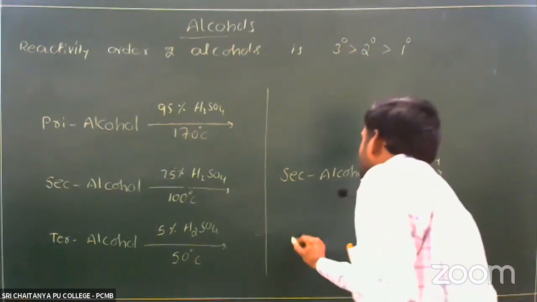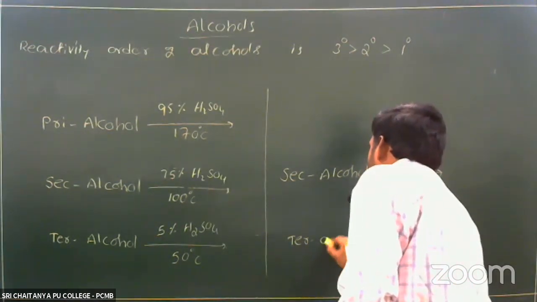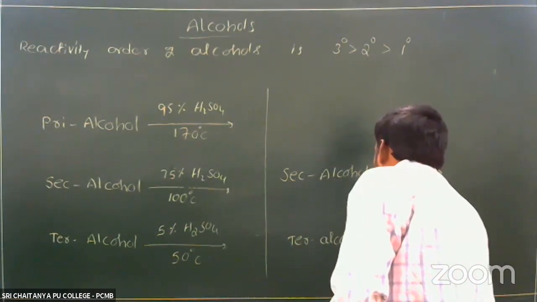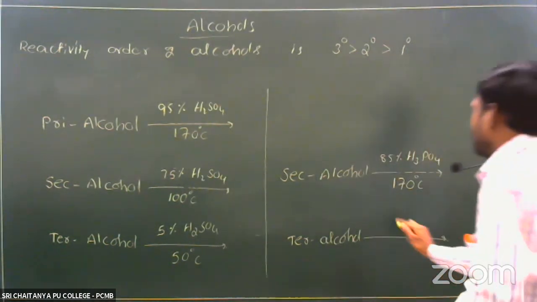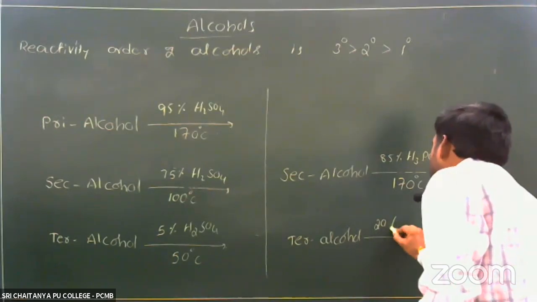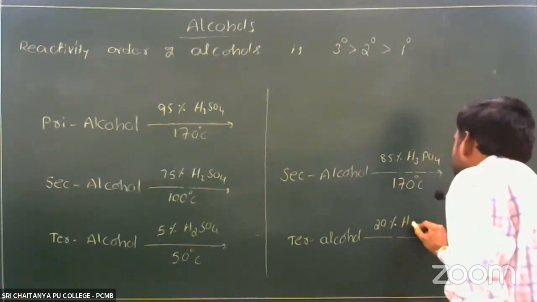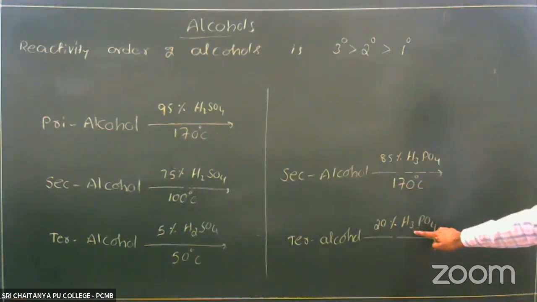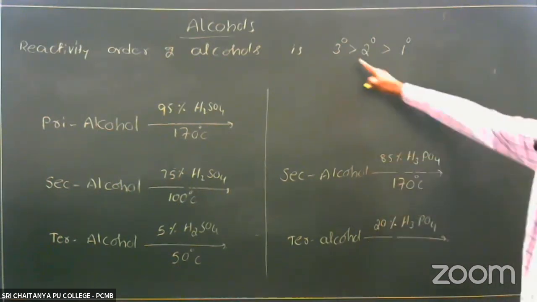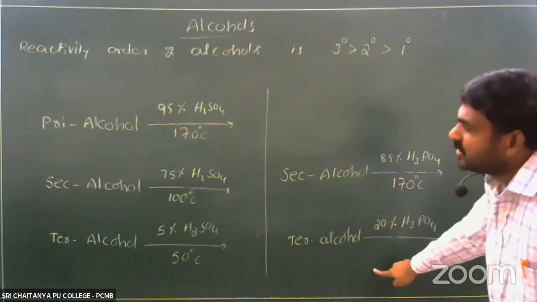If you take tertiary alcohol, to undergo dehydration, tertiary alcohol requires 20% phosphoric acid, H3PO4. So 85%, 20%, because tertiary alcohol is more reactive than primary alcohol.